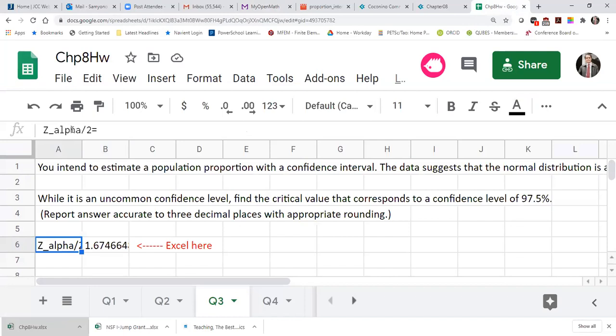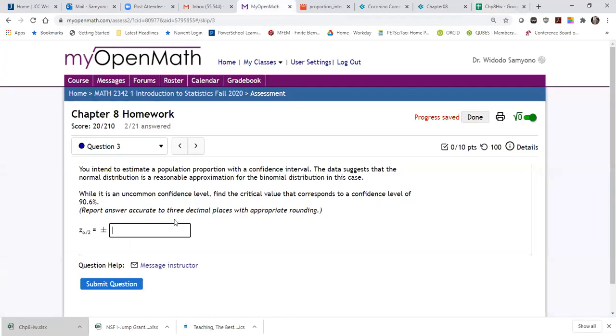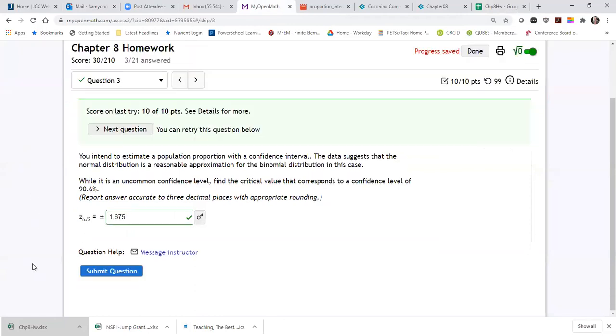If you put 3 decimal places, the answer will be 1.675, right? 1.675. Okay, so the next one.